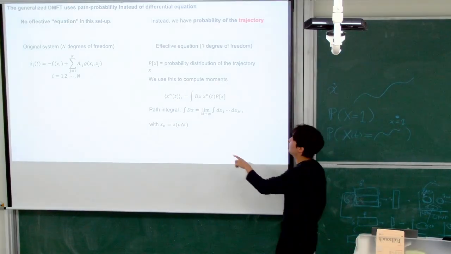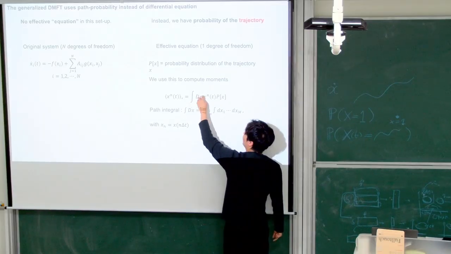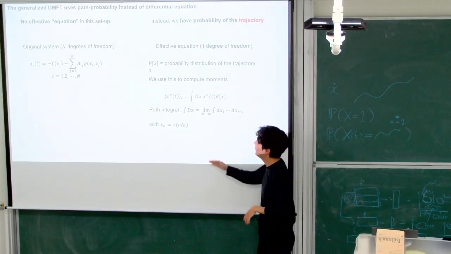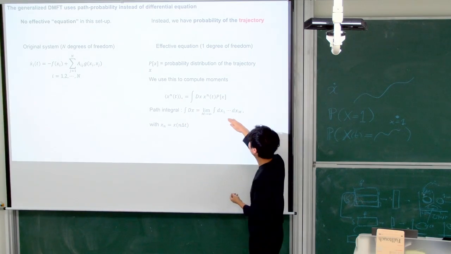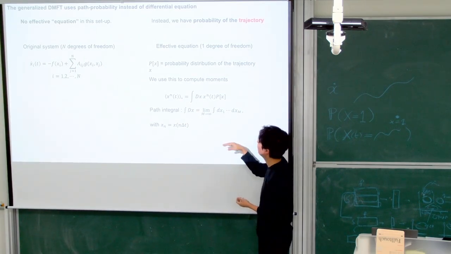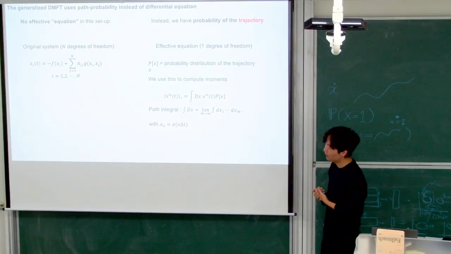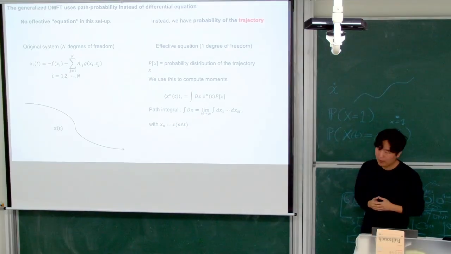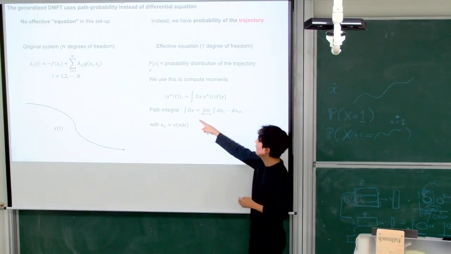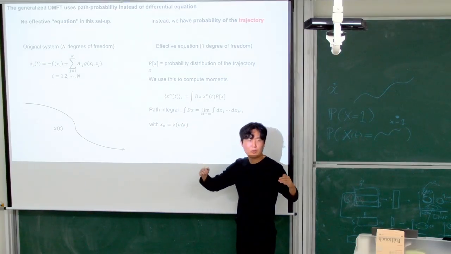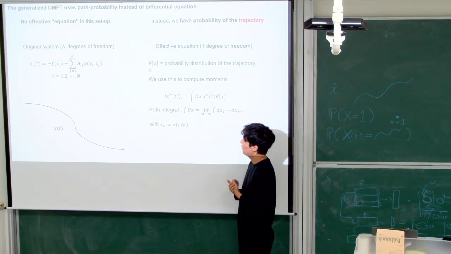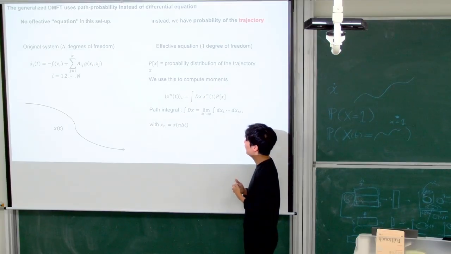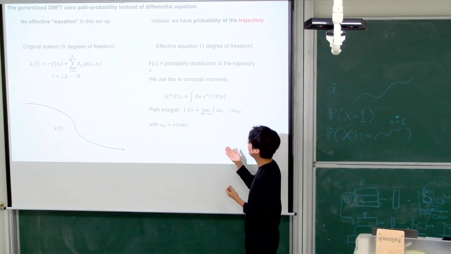But here the dx is very unusual. It is called the path integral. I will explain briefly. Intuitively, if you have a trajectory, the path integral means that you integrate over the whole trajectory. But this is counterintuitive. How do we understand this?